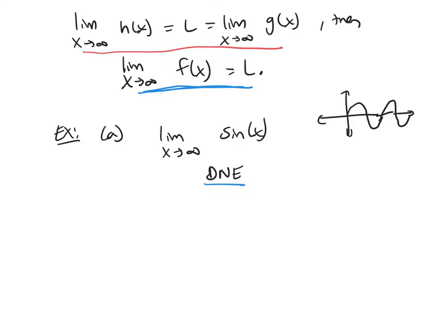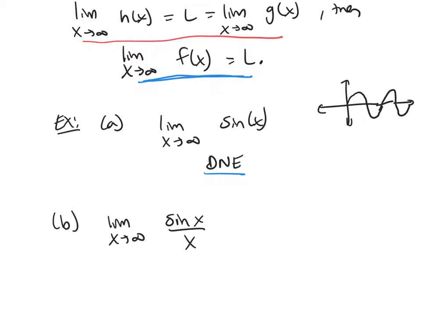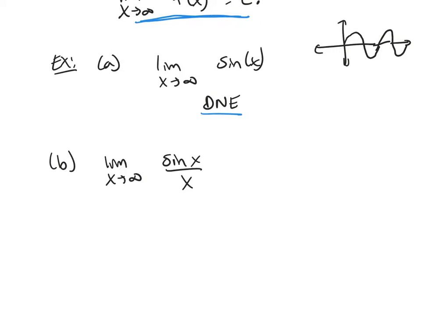Let's look at this other limit now. Let's look at the limit as x goes to infinity of sine of x over x. Well, I know that the largest value of sine is 1, and the smallest value is -1. So sine of x is between -1 and 1 for every value of x.